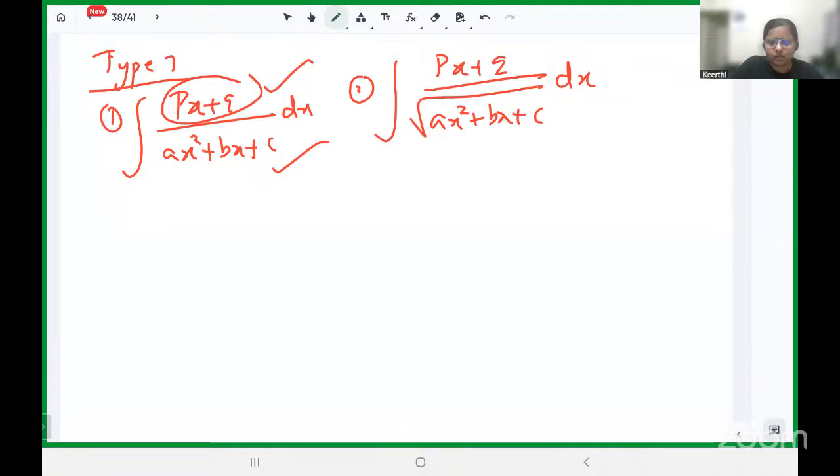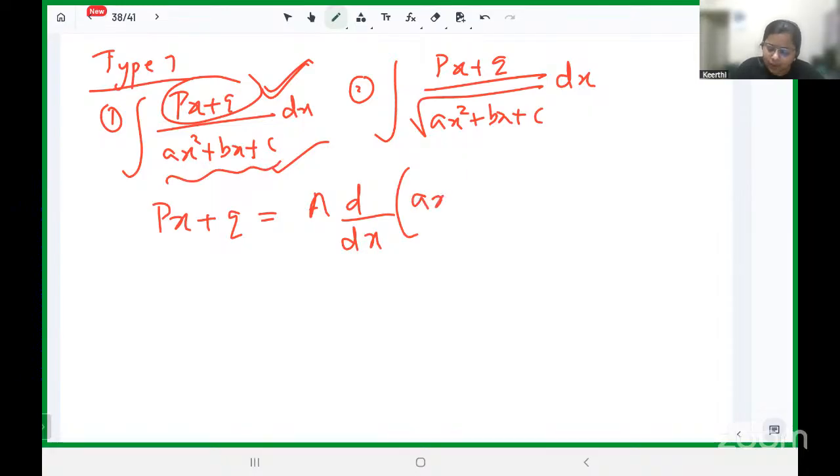So in order to solve this one, we make a substitution for the linear polynomial: px plus q we will write as some constant a into d by dx of the denominator ax square plus bx plus c, plus b.